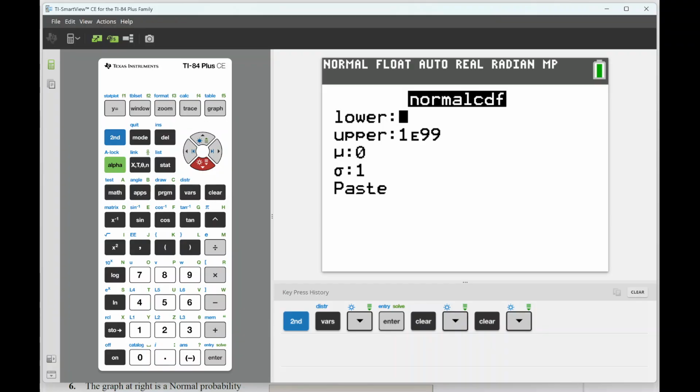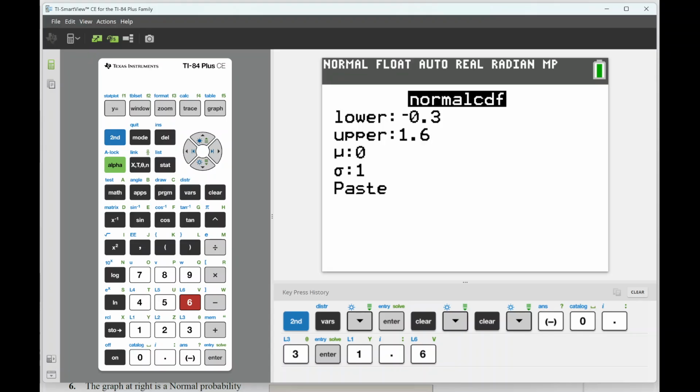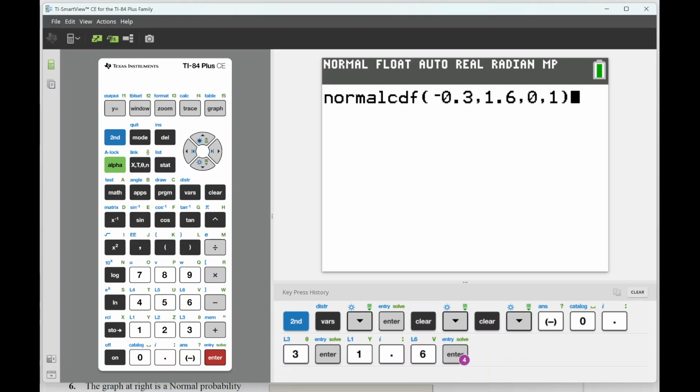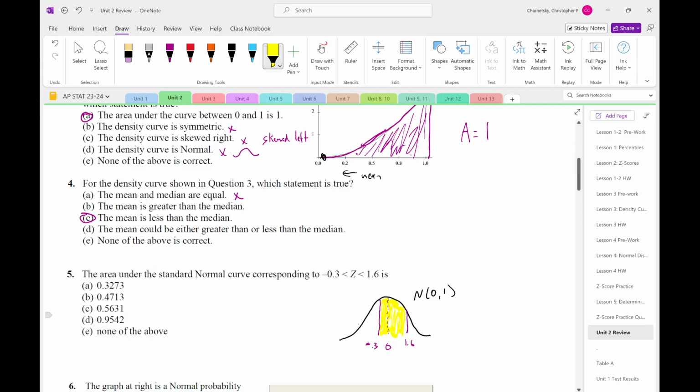Our lower bound is negative 0.3. Our upper bound is positive 1.6. Mean of 0, standard deviation of 1. Okay. There's our output. And we see that that area is about 56.3%, which corresponds to answer C.